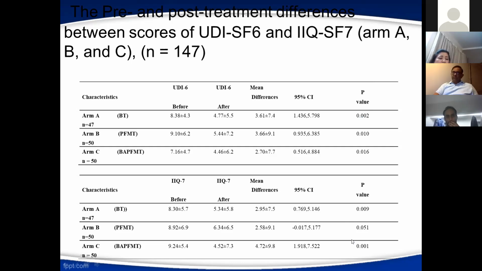whatever you do, either the bladder training with the behavioral intervention in terms of good bladder habits or lifestyle modification, or you do the pelvic muscle training, or you use biofeedback, this would have a marked improvement in the symptoms. So what is the harm if we start all these three simultaneously? That was the take-home message of this study.